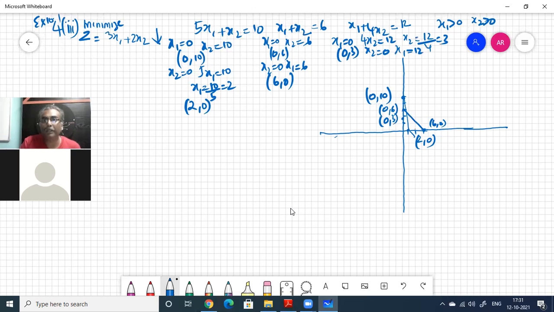The point will be (12, 0). So this third line we can draw from (0, 3) to (12, 0).